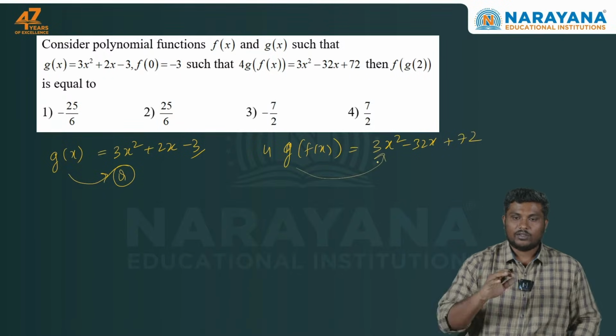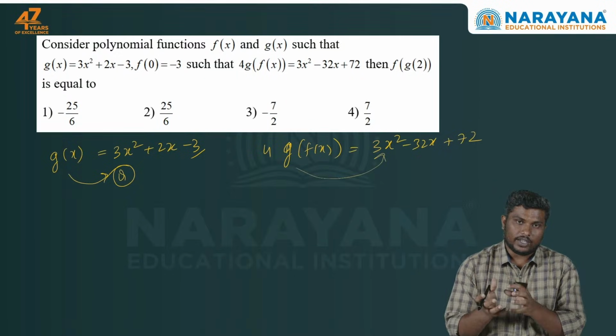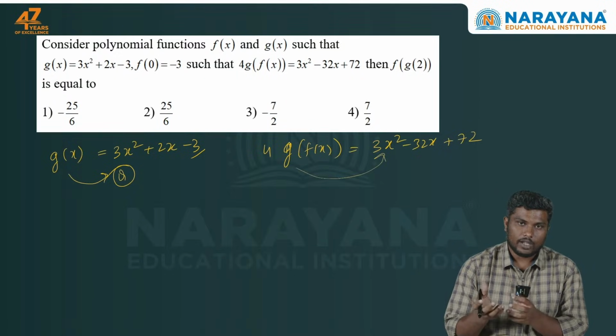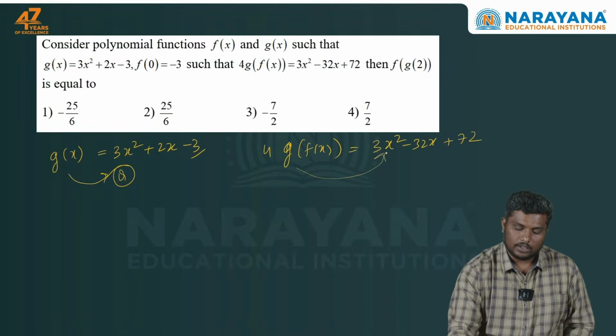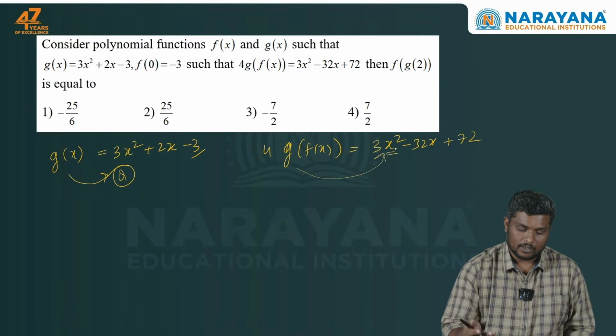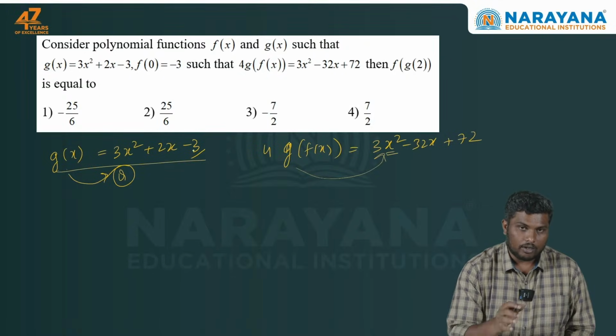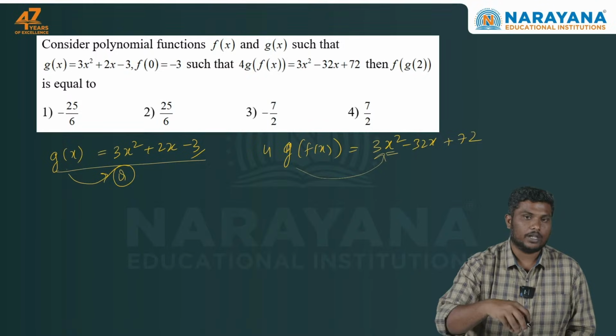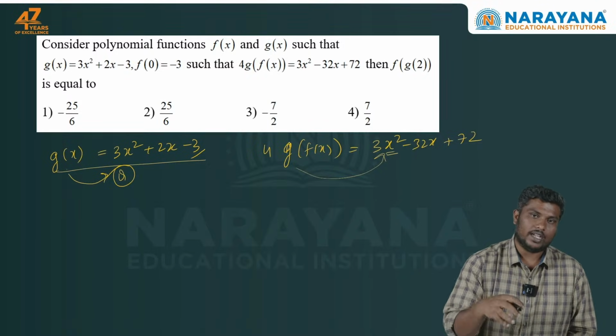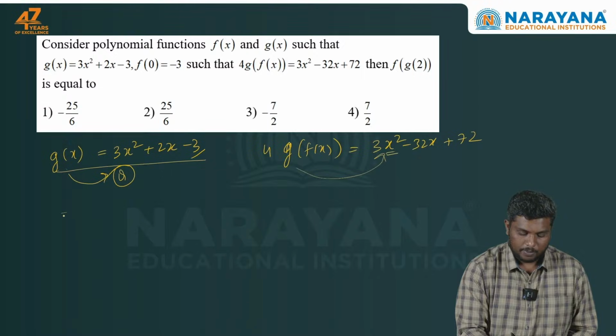You getting it? So g of f of x, if you take any polynomial, if you take it as linear or quadratic or cubic, based on that the powers might get increased. But g of x being quadratic, after substituting f of x in place of x, we are still getting a quadratic expression. This implies f is a linear polynomial.